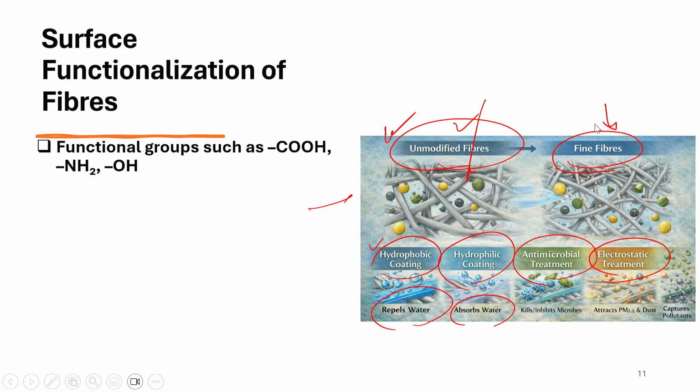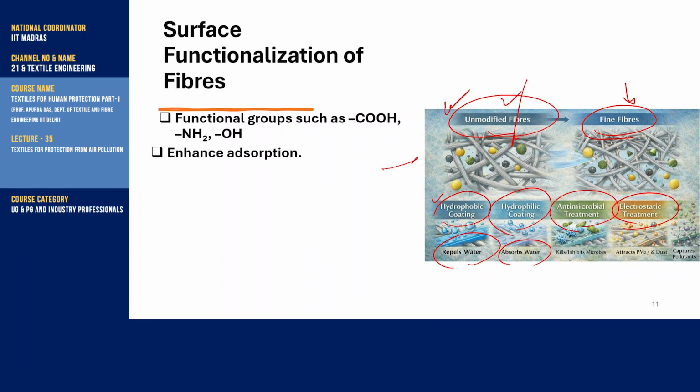Now, different types of functional groups we can use, COOH, NH2, OH groups, for different types of hydrophilic, hydrophobic, enhanced adsorption. We can also do plasma treatment, okay, to increase the surface energy.